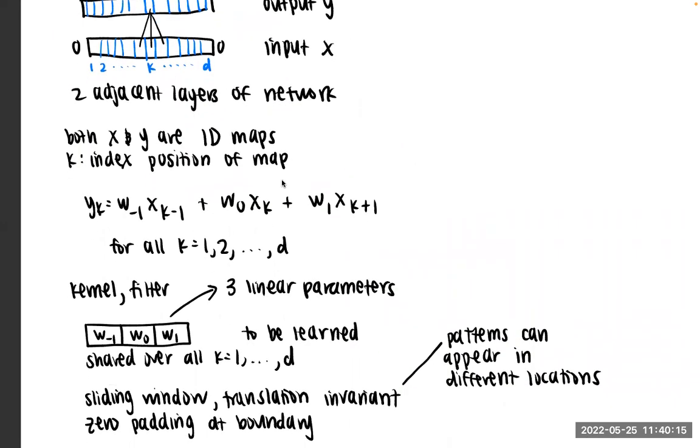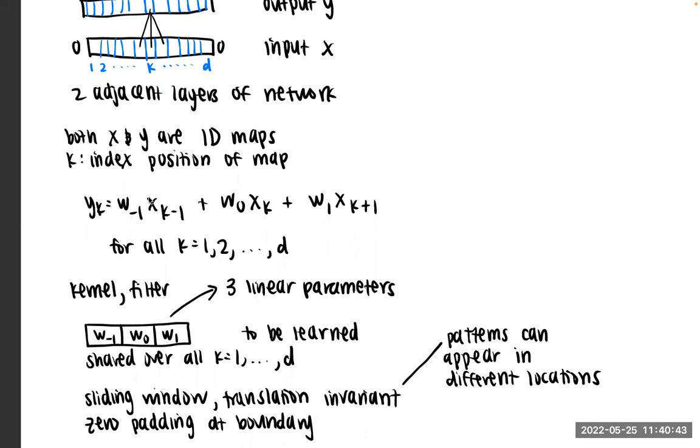The reason we use this sliding window operation is that we perform the same weighted sum at all the locations k, because w_{-1}, w_0, w_1, this window, is shared by all the positions k. We call this a kernel or a filter.